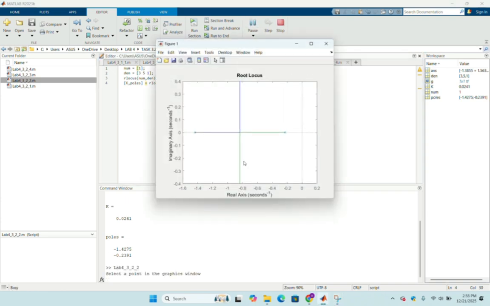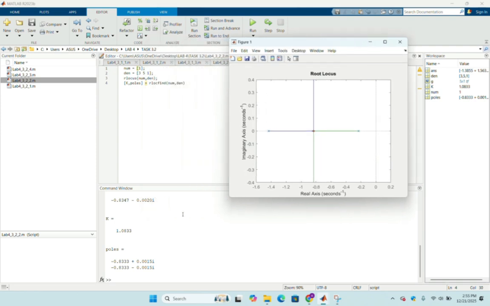I run this code and select a point here. The selected point is negative 0.8347 minus 0.0020i, and the value of k I got is 1.0833.